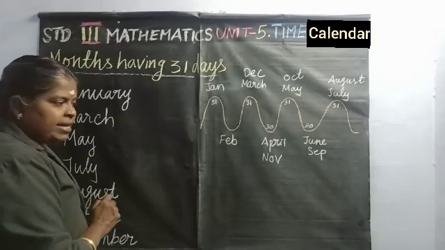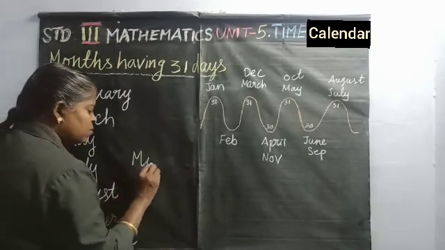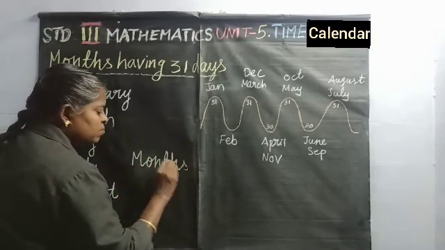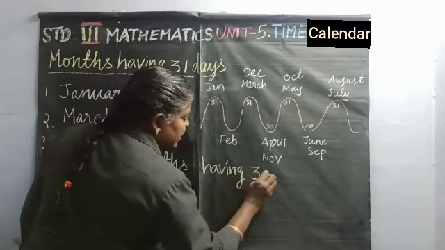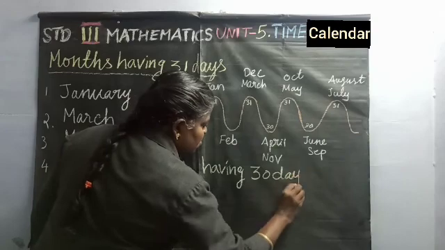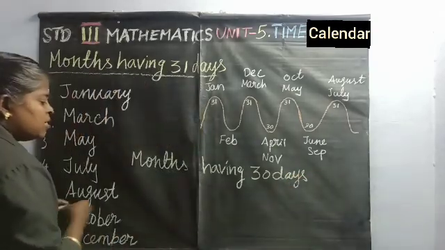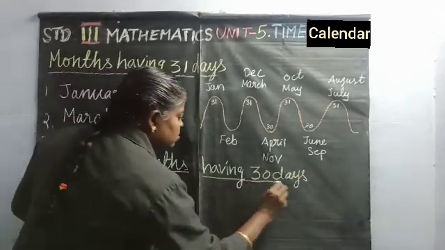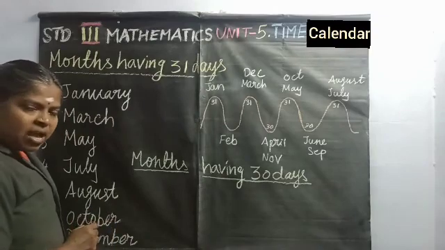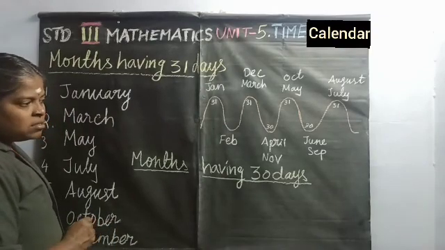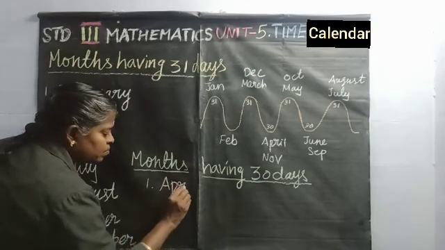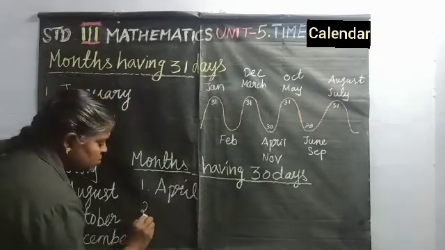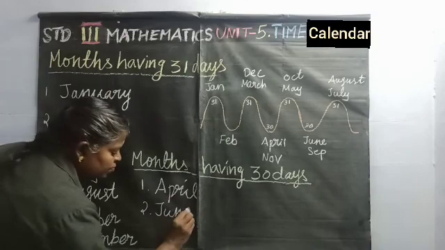Now we can write months having 30 days. So here, which month having 30 days? April. Next, June.